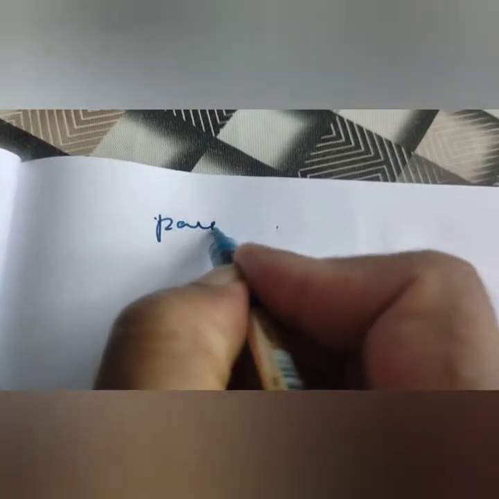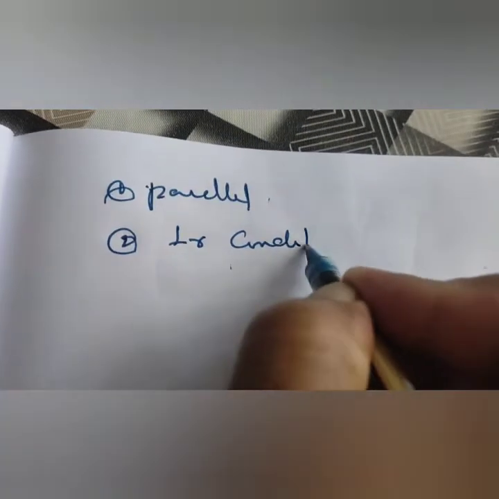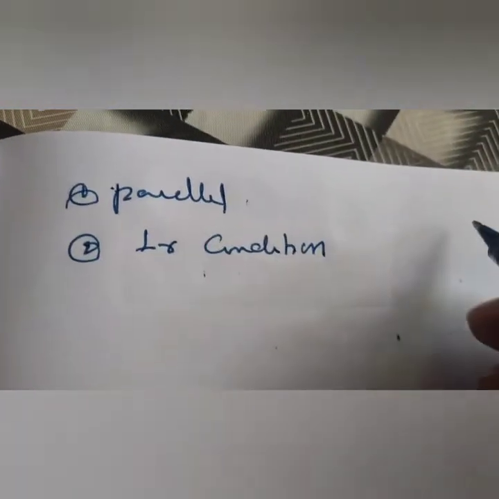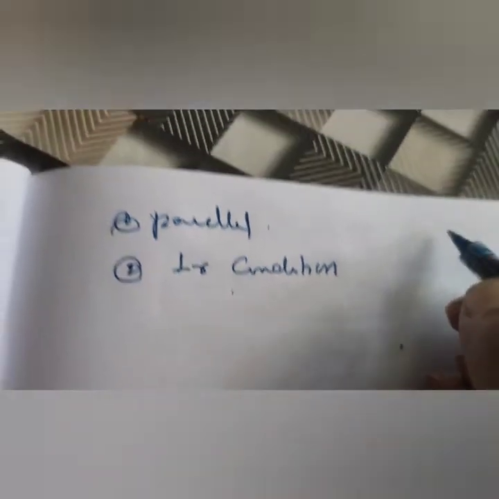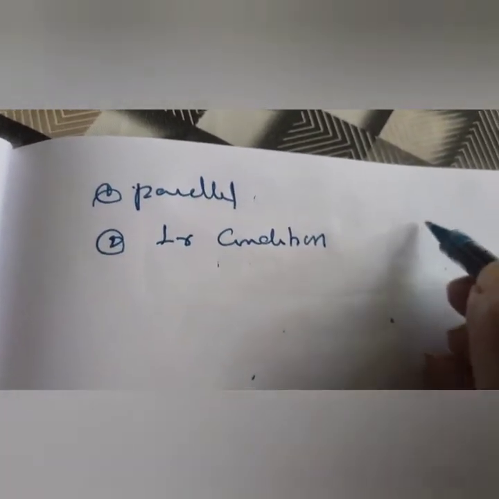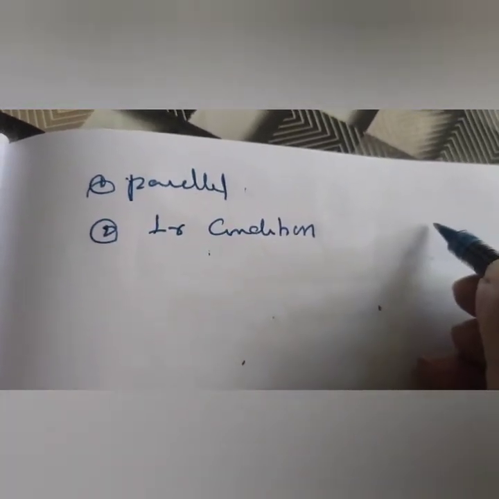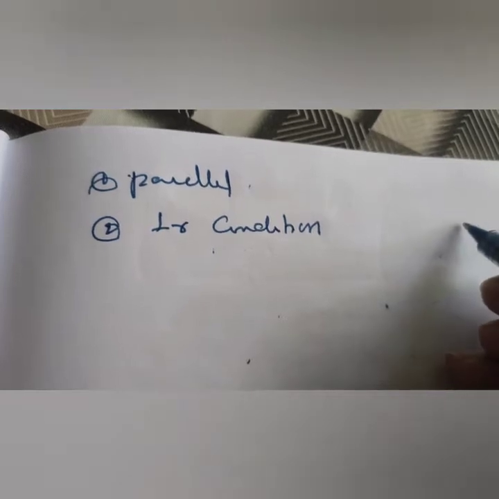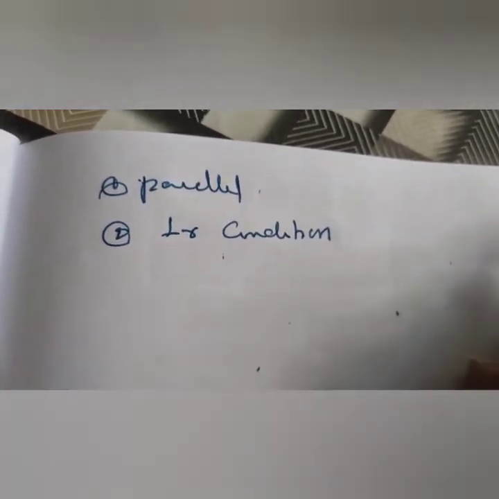Now let us take the parallel condition. One is the parallel condition, two is the perpendicular condition. Already we know how it is parallel and how it is perpendicular. If A dot B is equal to 0, then it is perpendicular.